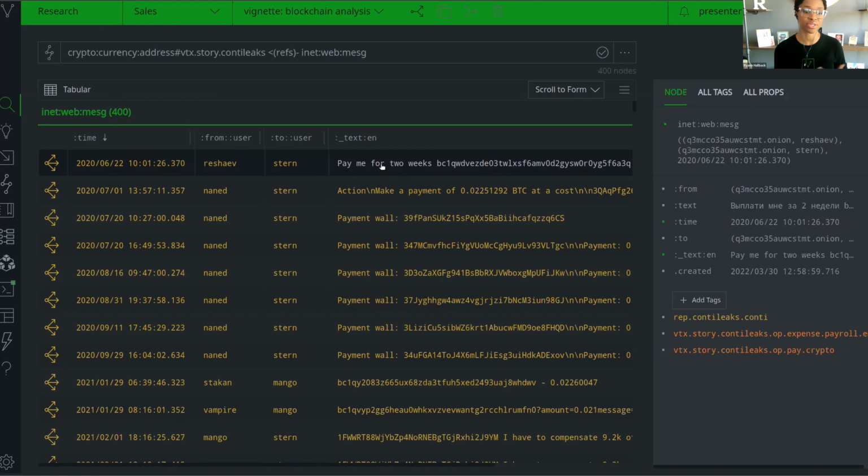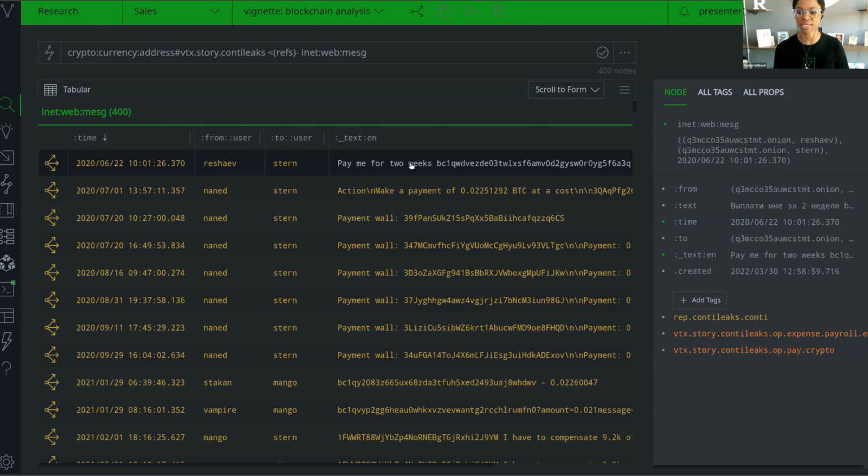What I can see here is in one of the very first messages that pops up, I have the user Rashev talking to the user Stern, and they're saying, pay me for 2 weeks. Now, granted, we're dealing with translations, so you have to be careful how you interpret what you're seeing. But here, what we assessed was that we have this user or this threat group member or affiliate or whoever this person is, right?